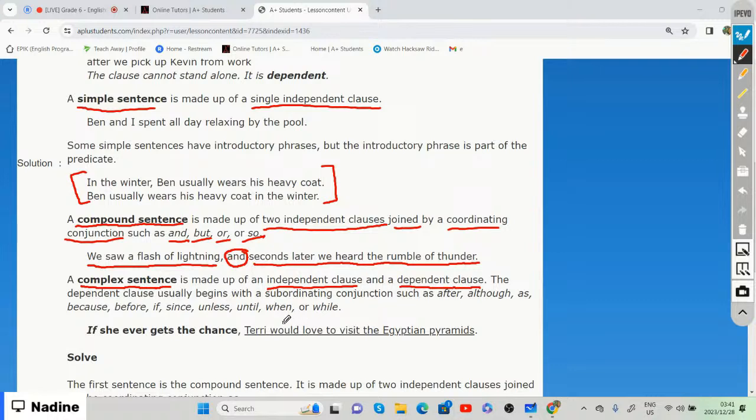And the dependent clause usually begins with a subordinating conjunction, such as after, although, as, because, before, if, since, unless, until, when, or while. And remember, there's a difference between a coordinating conjunction and a subordinating conjunction. A coordinating conjunction is used to join two independent clauses, whereas a subordinating conjunction is usually at the start of a dependent clause.